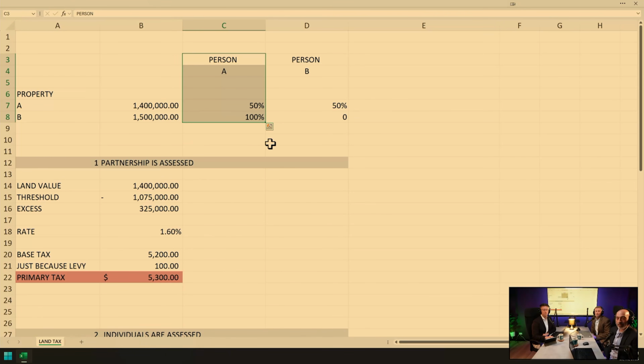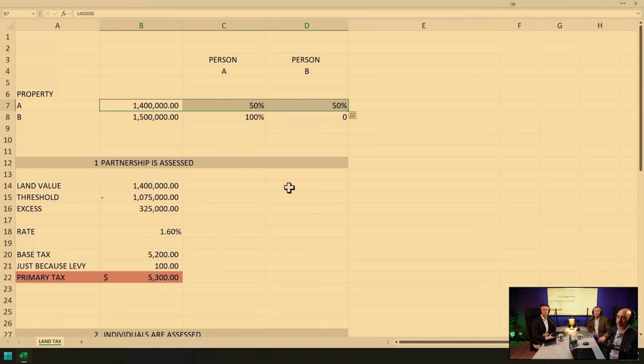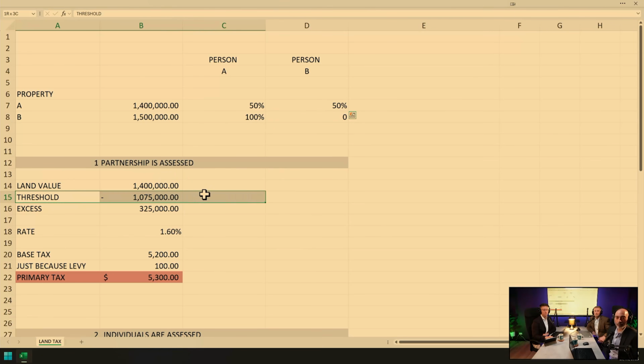If you get all your registrations done up front, the Office of State Revenue, or the old name, Service New South Wales, will firstly assess the partnership. They'll say, this partnership between person A and person B has a property worth $1.4 million, which is over the New South Wales threshold of $1,075,000 by $325,000.